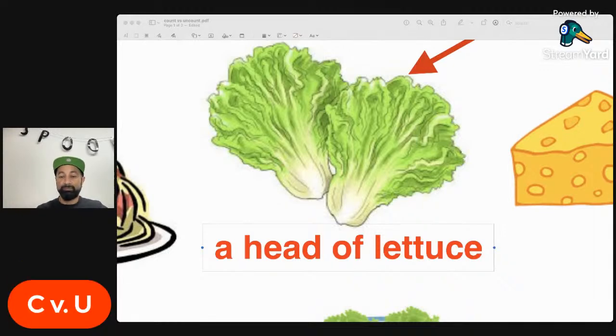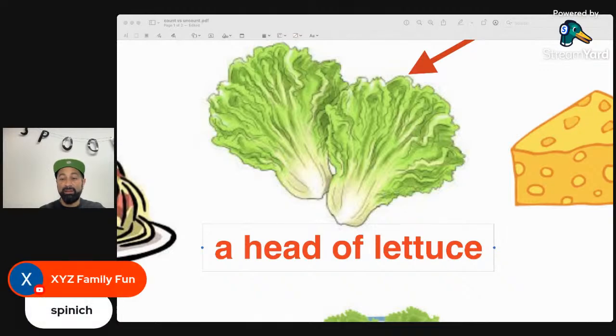Yes, YFS. Yeah, if you want to make a lettuce countable, we say a head of lettuce. XYZ. Spinach. Very good. Spinach is uncountable. Spinach is a leafy vegetable. The spelling for spinach, though, is ACH.